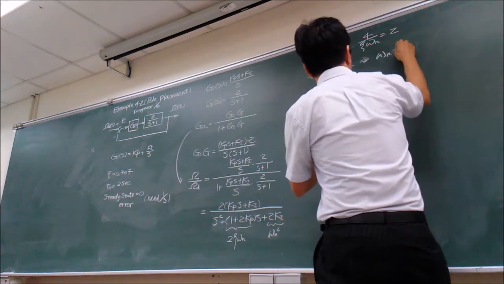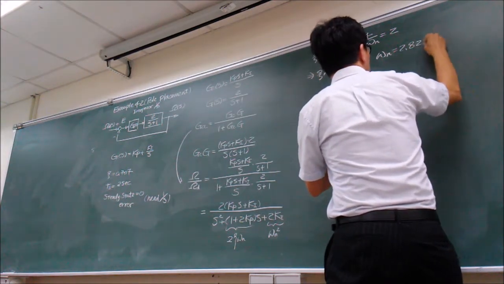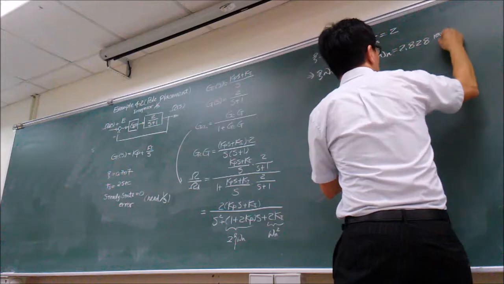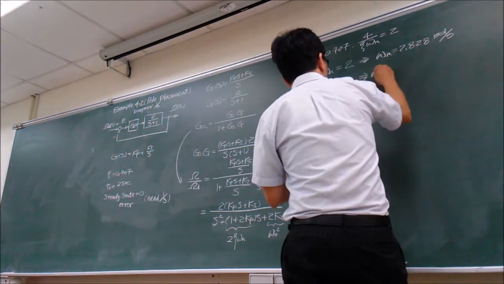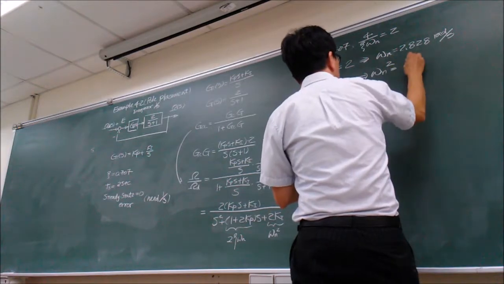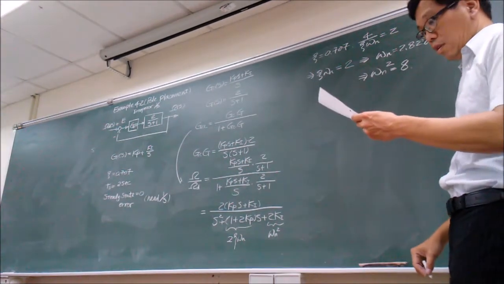Omega n equals 0.828 radians per second, which also means omega n squared equals 8.